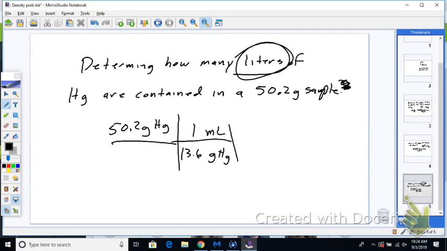Some of you stop there and give an answer in milliliters. So what you would do is go one more step and say, for every how many milliliters, how many liters do I have? When you look on your chart, it's milli. So that means for every 1 liter, you have 1 times 10 to the third, or 1,000.